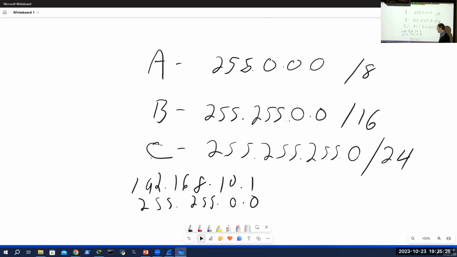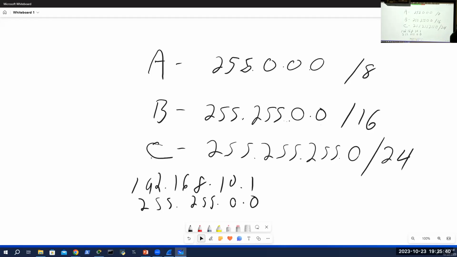Now, since certification tests still expect you to know the default subnet mask of a given IP address based on its class, that's why we still have to teach it.